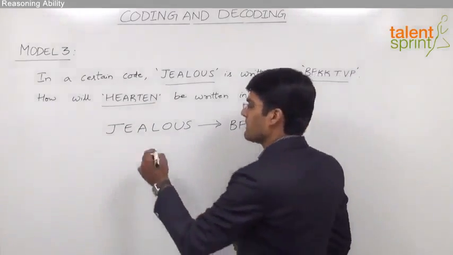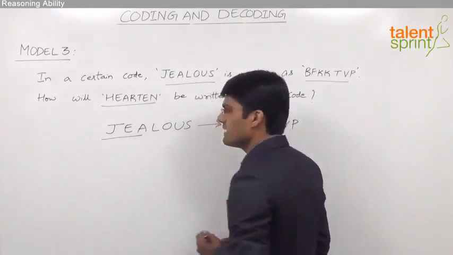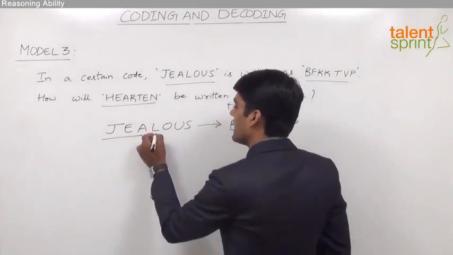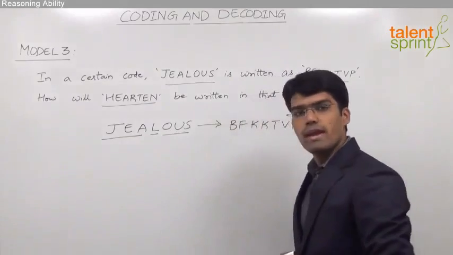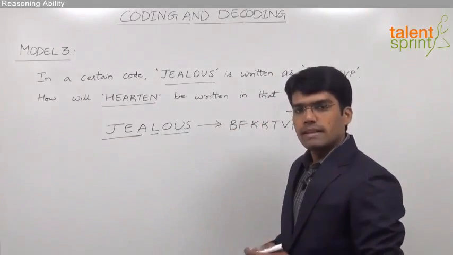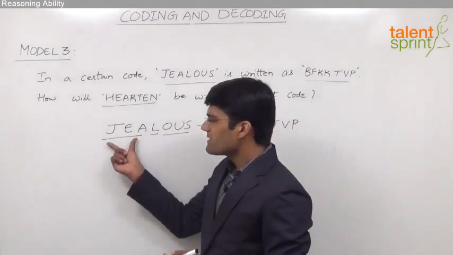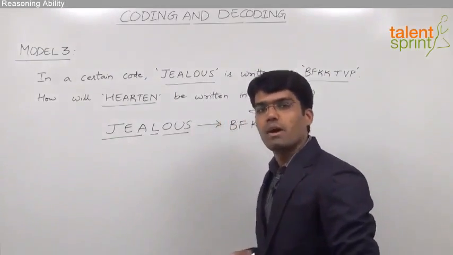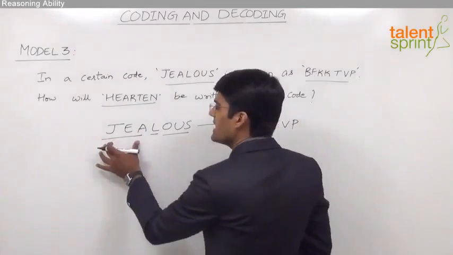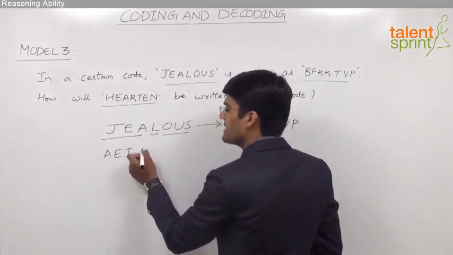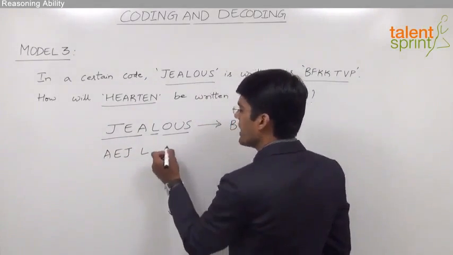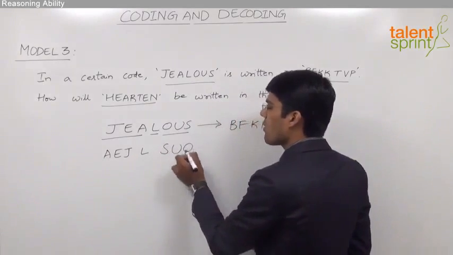That is, the first 3 letters JEA is the first part, then L is taken as the second part, and the last 3 letters OUS is the third part. Now the second step is to reverse the set of letters in each of these parts. So JEA becomes AEJ, L remains L as it is, and OUS becomes SUO.